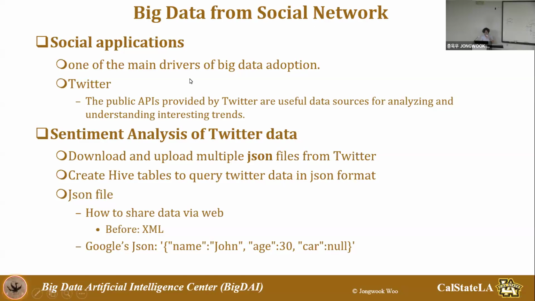So many applications use the JSON file format, including social applications such as Twitter. And Twitter provided the API for customers like you or users to download or access their file to analyze the social behavior of the community using keywords.